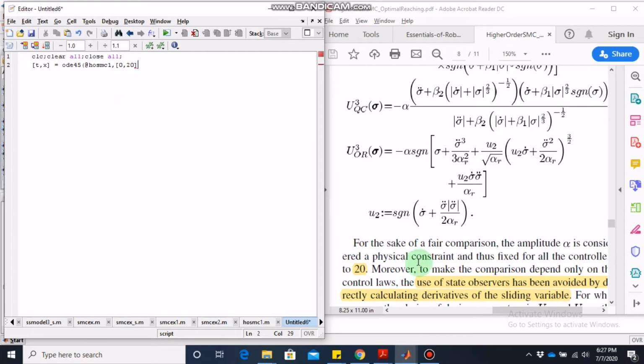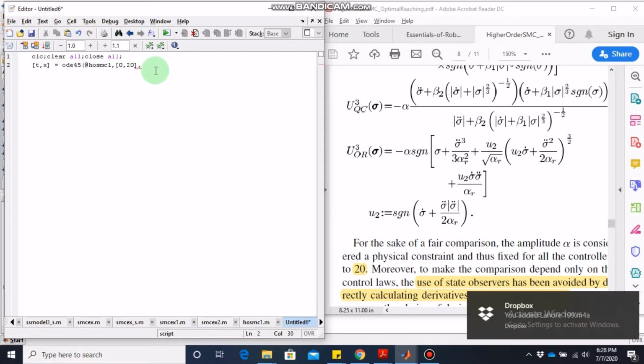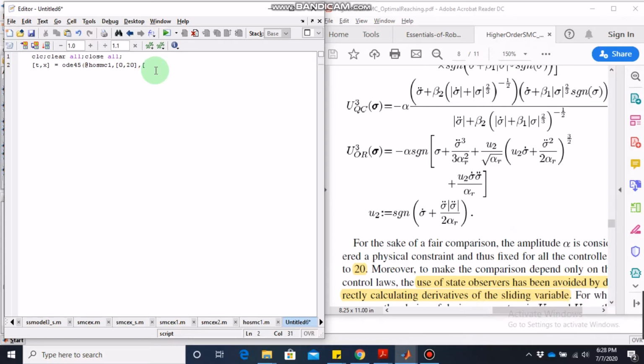Actually, this is given in this paper. They have run the simulation for about 20 seconds, so we are going to do the same. Alright, so we have the initial values of the state variables. We can use the same values that have been used by the authors. Those are all zeros.